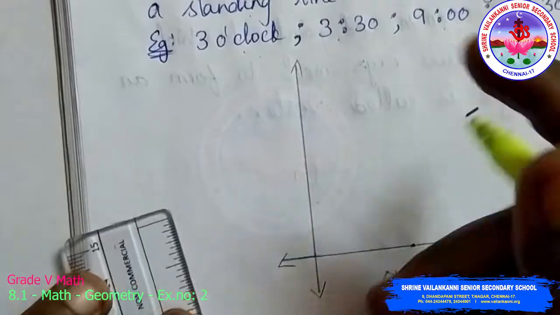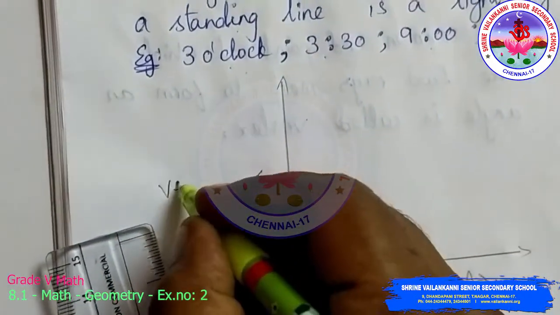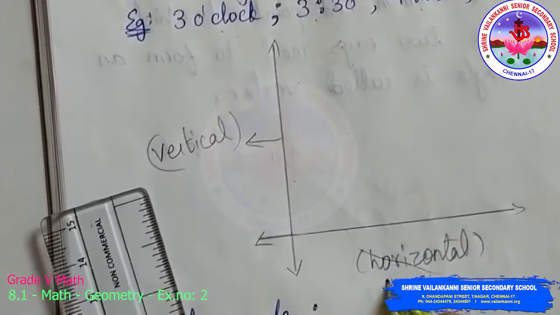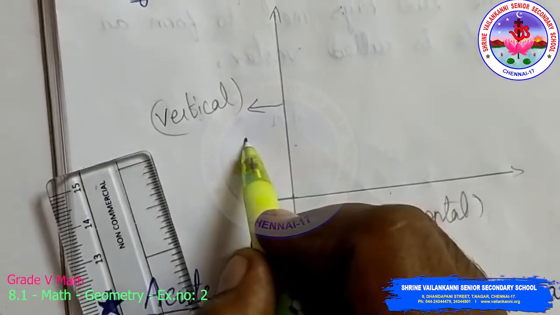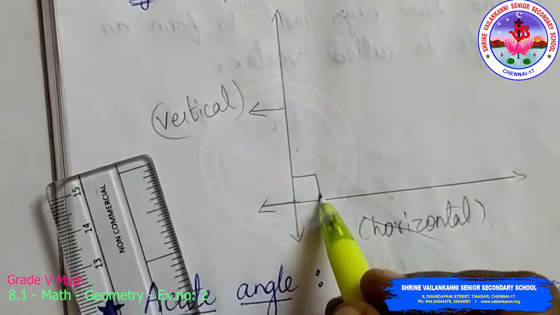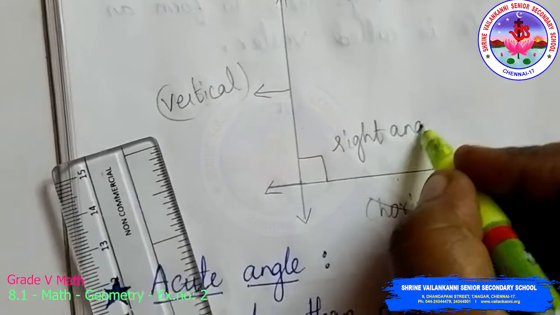This standing line you will also call vertical. So this is a sleeping line and this is a standing line. The sleeping line and standing line join together and form an angle which is called a right angle.